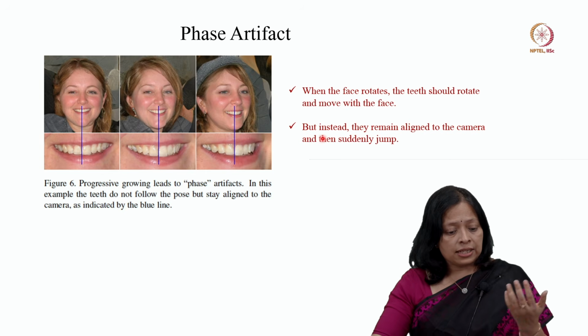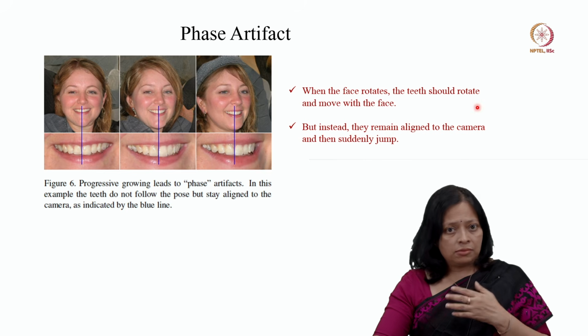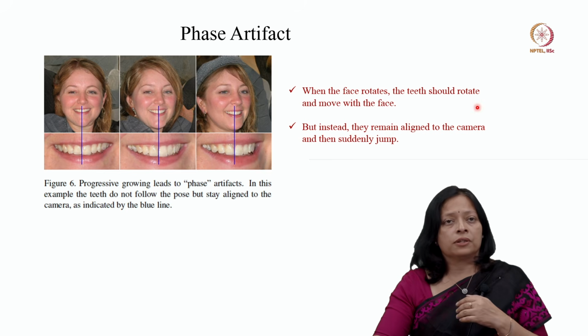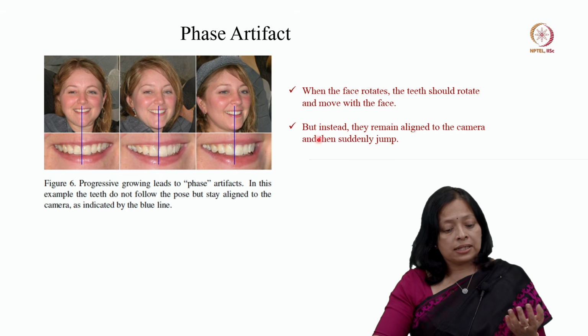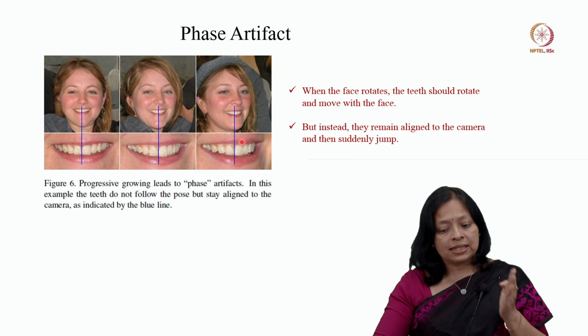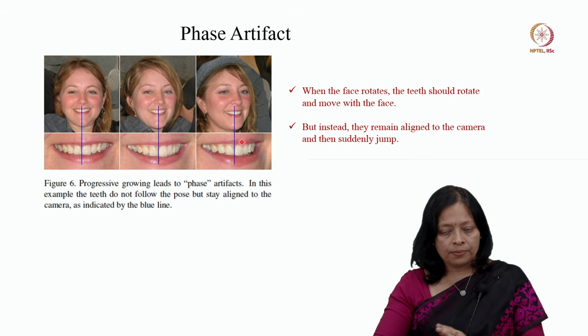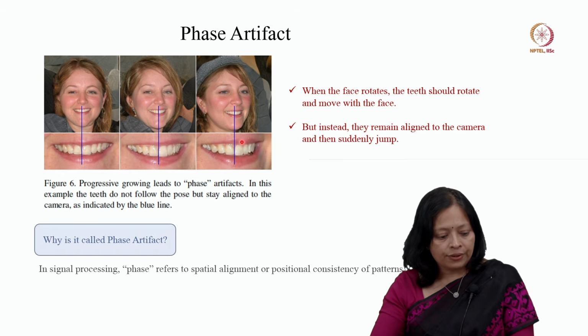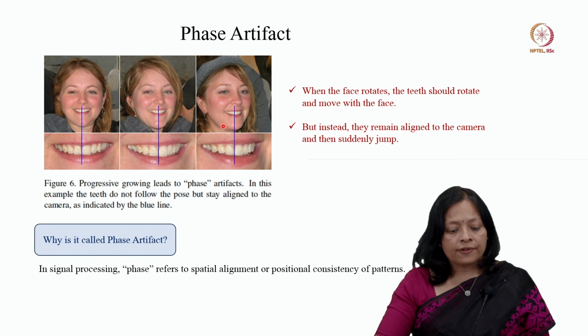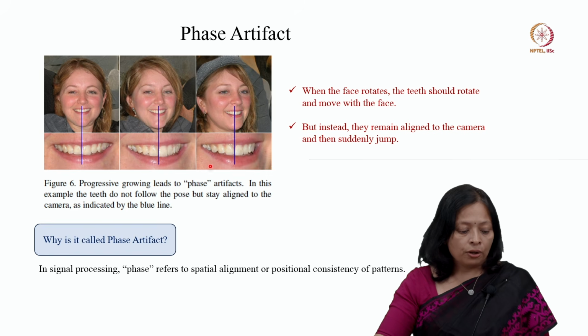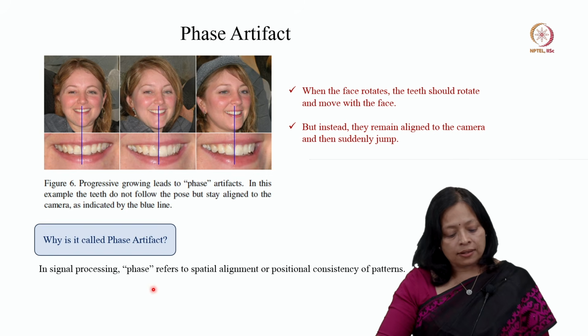As I was telling, when the face rotates, teeth and all other features of the face should rotate, but in this case they still remain aligned to the camera's center probably, and then suddenly jump. So, this kind of artifact is called phase artifact or blob.